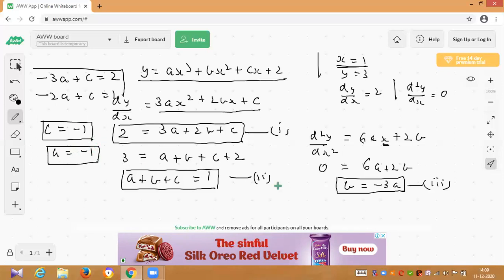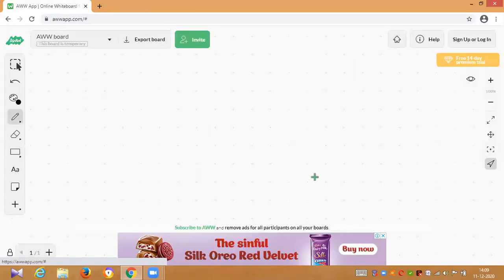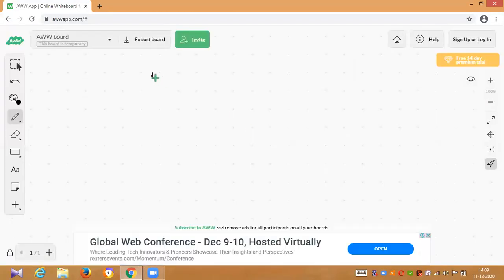So if a is minus 1 and I put the value over here, I get b as 3. So the values which I got are a is minus 1, b is 3 and c is minus 1. So as we knew, my original equation was y equals ax cube plus bx square plus cx plus 2.